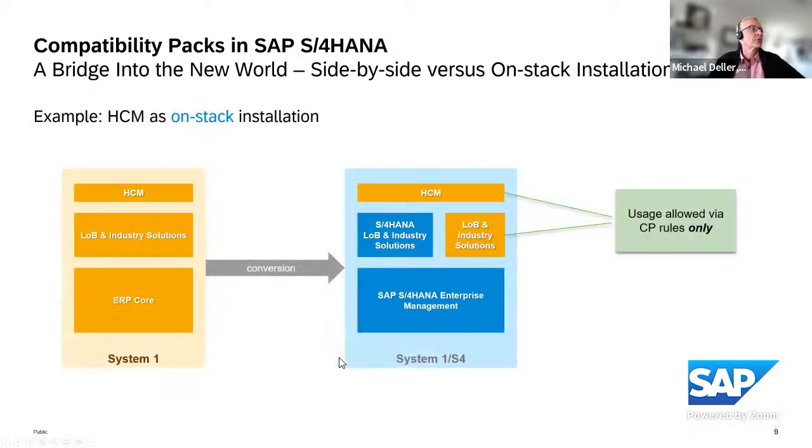The picture looks, of course, different when you have a single instance with everything on it. In that case, when you do a conversion, anything on this S/4 system, if we are talking about compatibility packs, obeys these respective rules.